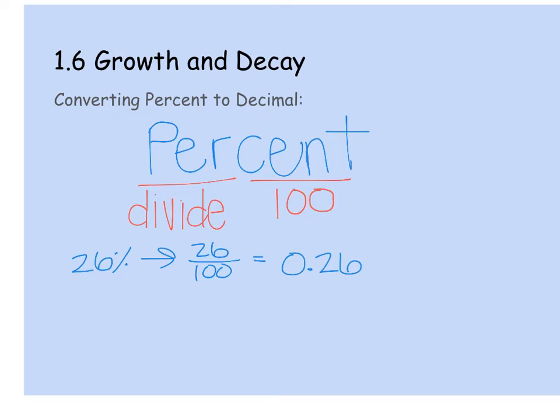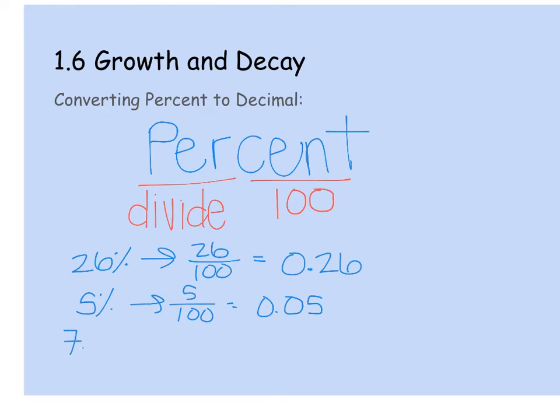That's okay, you can do it like that, but I see a lot of mistakes, specifically ones like 5%. If we do 5 divided by 100, that would be 0.05. A lot of times people forget that 0, and if you were to put 0.5, that's actually 50%, so it's not the same as 5%. So I just divide by 100. It's a lot easier that way.